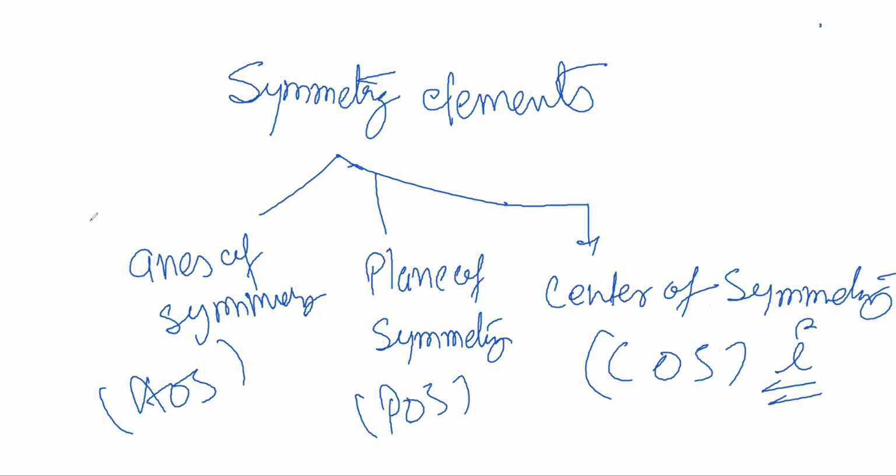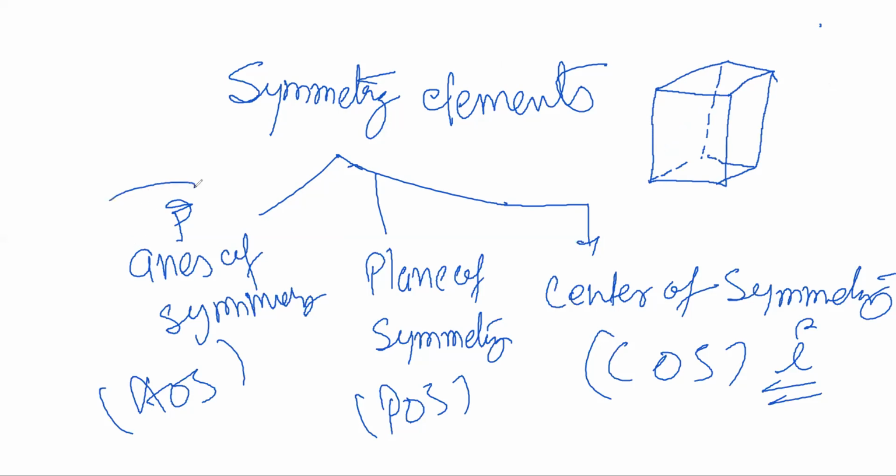So what is axis of symmetry? How will we define it? Let's say this is a crystal. How do we have to understand this? Let's have a look. Suppose this was a crystal, and we want to understand the axis of symmetry.